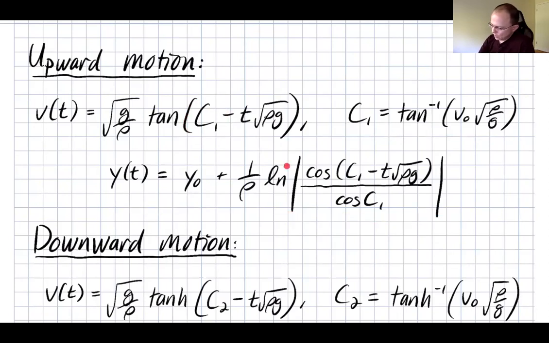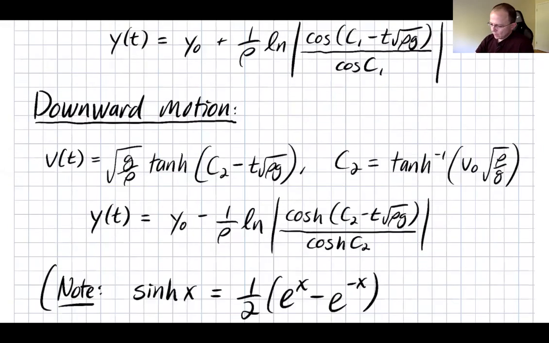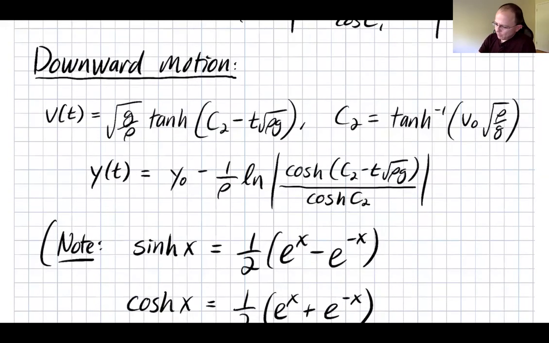There's a logarithm of an absolute value of a cosine in there, so more complicated. The downward motion is even more complicated. It involves a hyperbolic tangent, and this constant here involves the inverse hyperbolic tangent of this. And the position function is given by the natural log of the absolute value of the hyperbolic cosine.